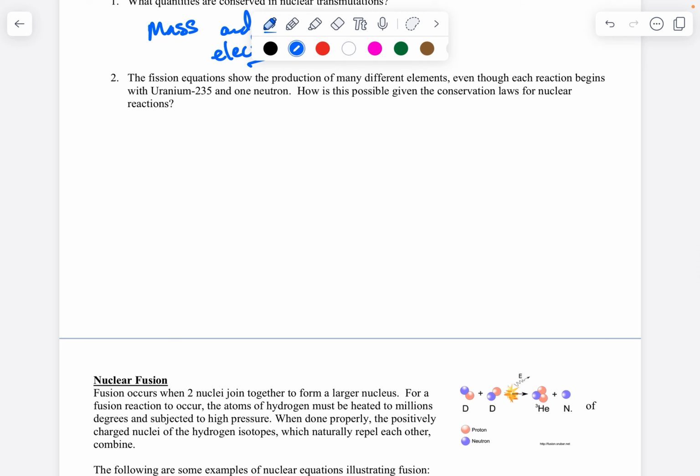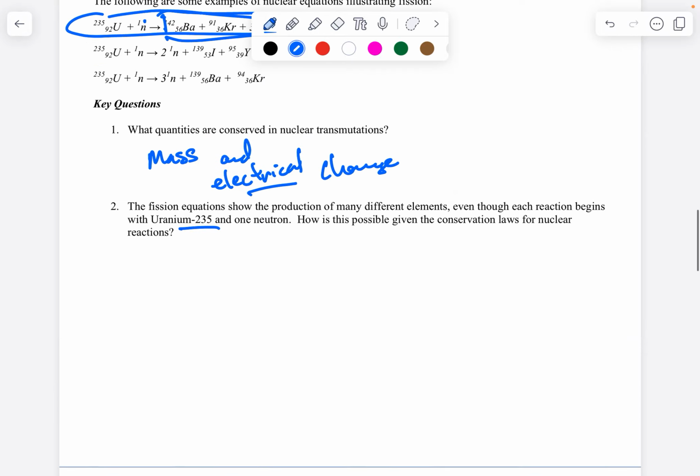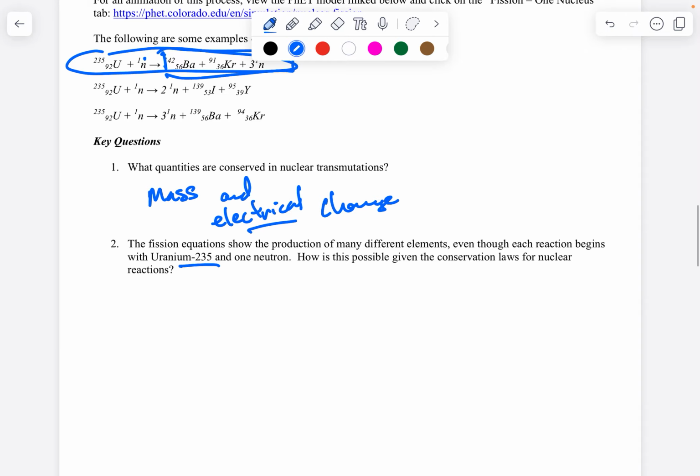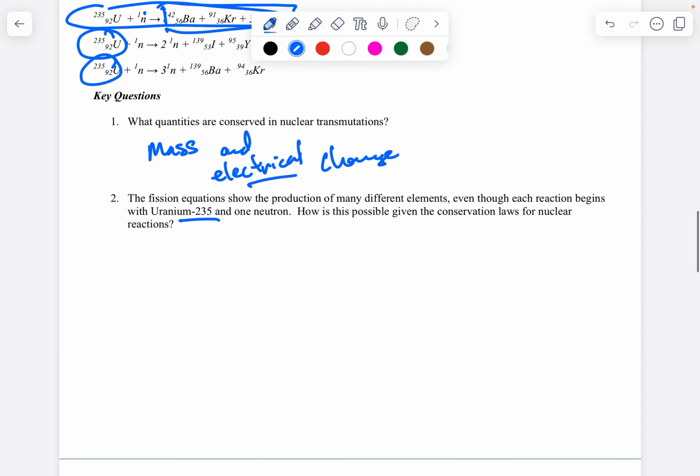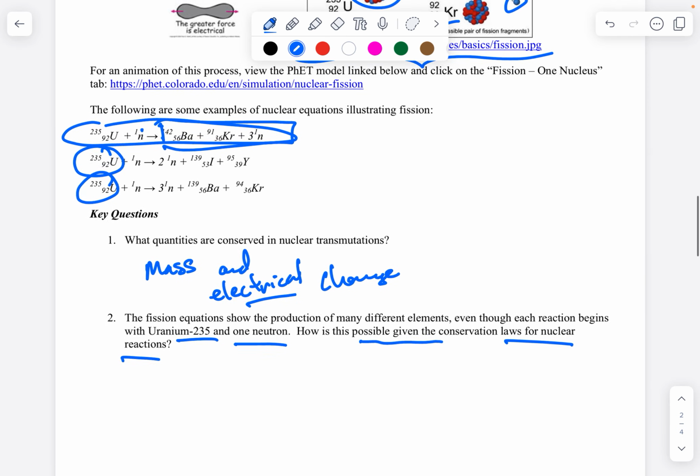Next question. It says, the fission equation shows the production of many different elements, even though each reaction begins with uranium-235 and one neutron. How is this possible given the conservation laws? Well, it's possible because there are different combinations.